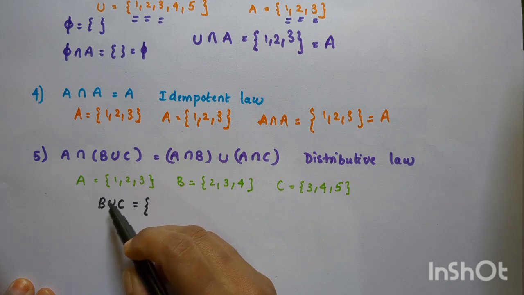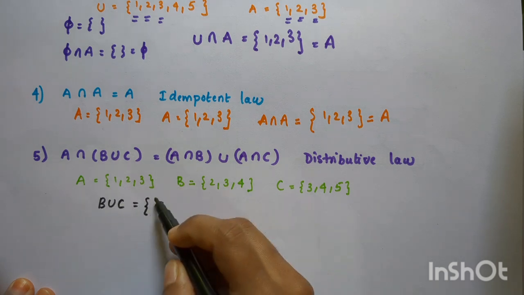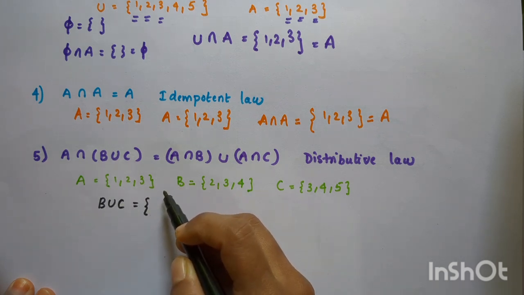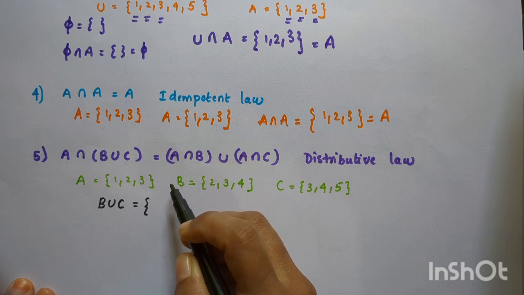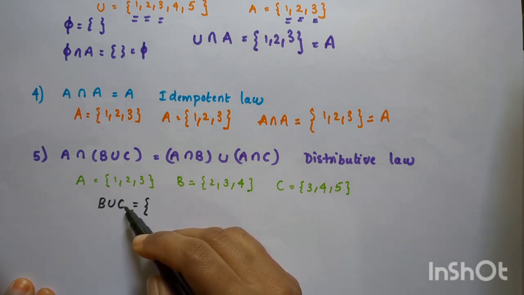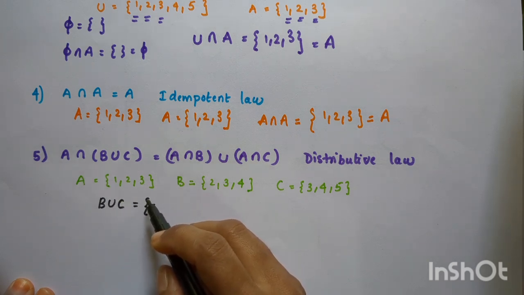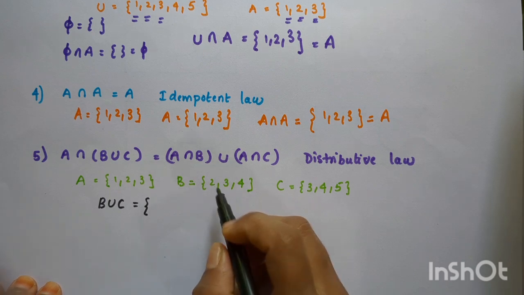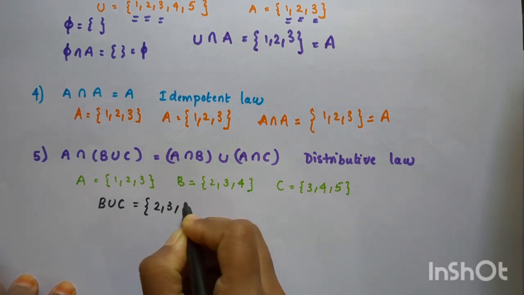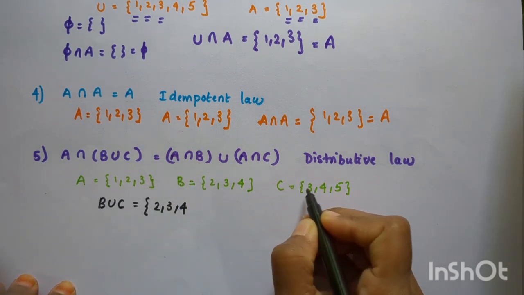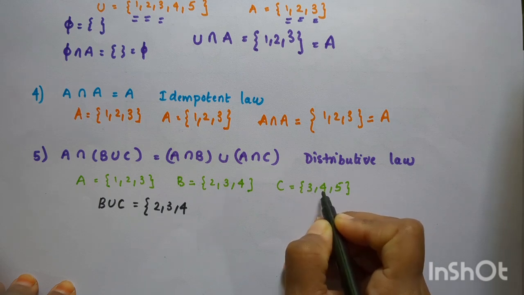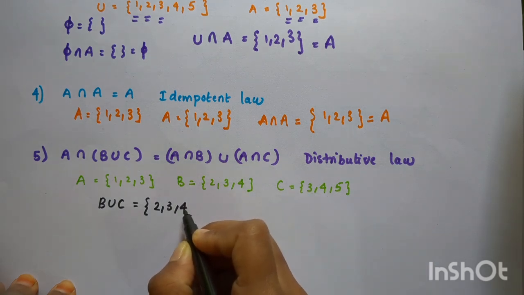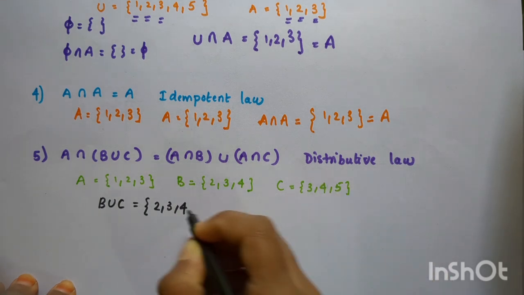So when we consider B union C, you have to write all the elements in B and all the elements in C, but no need to repeat the elements. So you see, in B we have 2, 3, 4. Then what about C? We have 3, 4, 5. 3 and 4, once we wrote it, no need to write it again. Then what about 5?